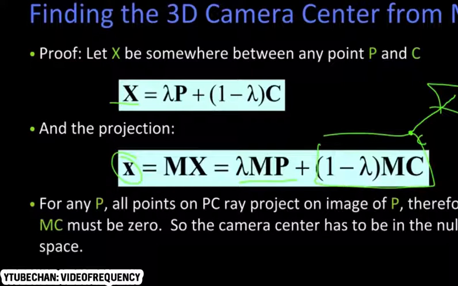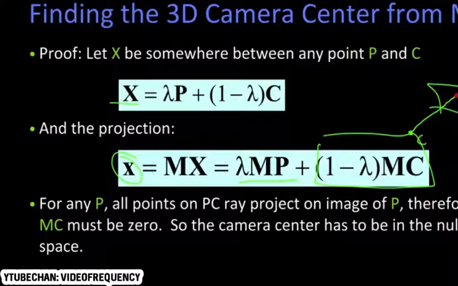Now, for any point P, all the points on that ray have to land at the image of P. So any point X along here will land at that same point on the image, no matter what lambda is.